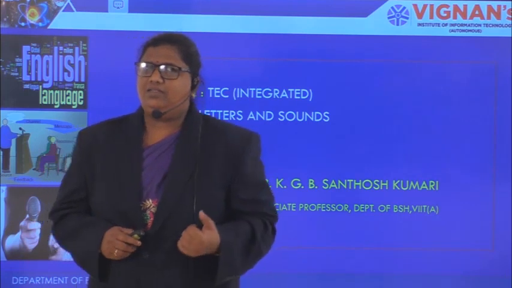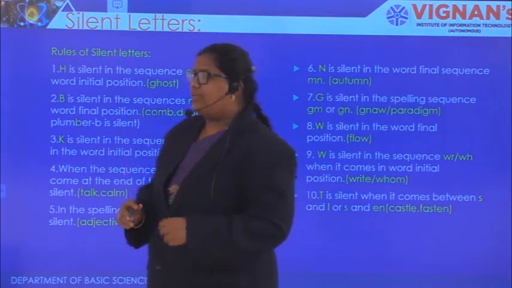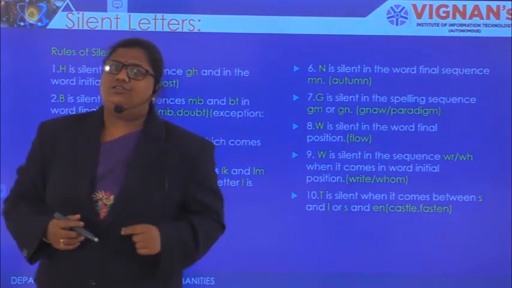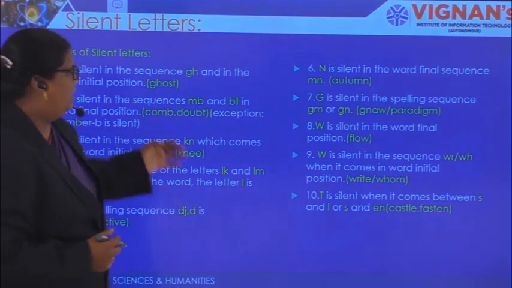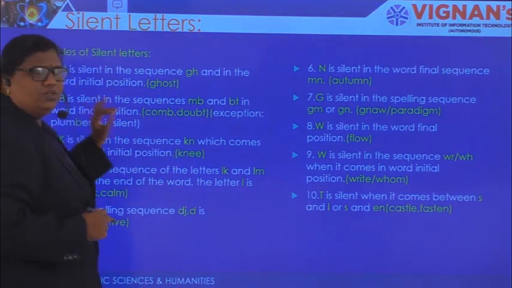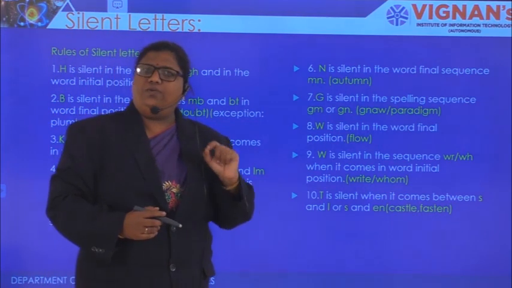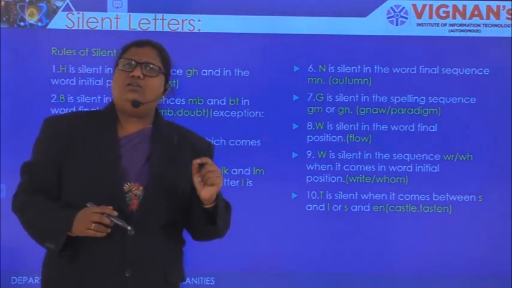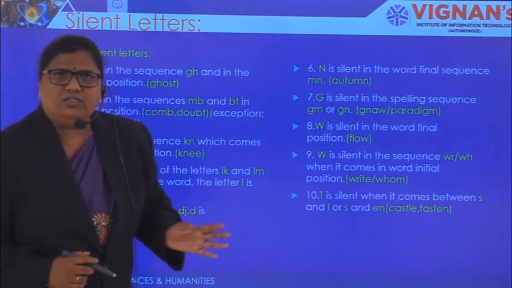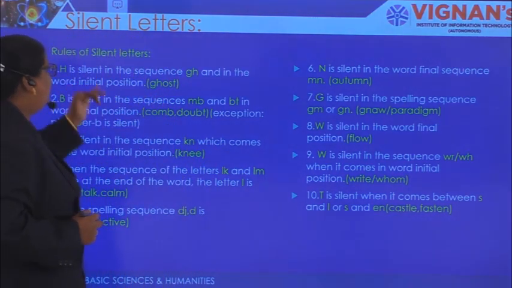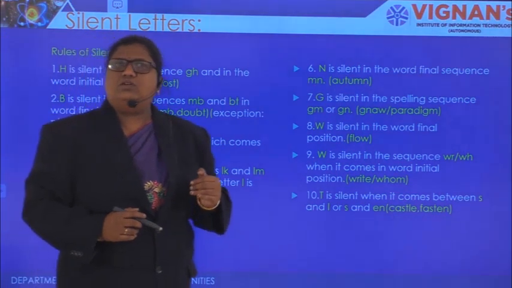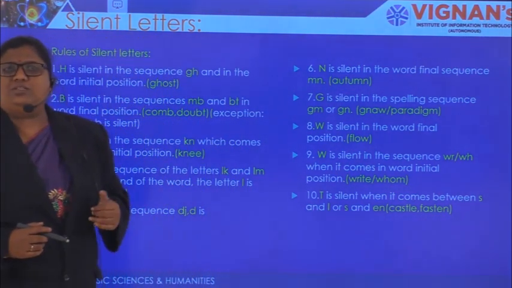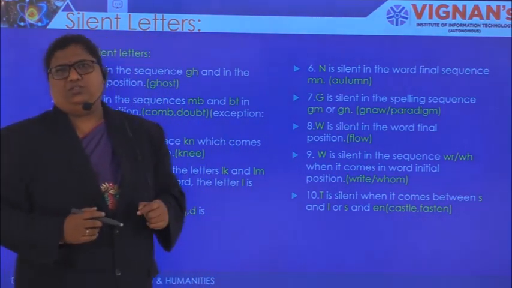Shall we go ahead? So, rules of silent letters. Initially I told you about the rules of silent letters. There are 10 rules. If you observe carefully, you will know which letter has to be silent, that means which letter you are not supposed to pronounce. The first rule is, H is silent in the sequence GH when it comes in the word initial position.